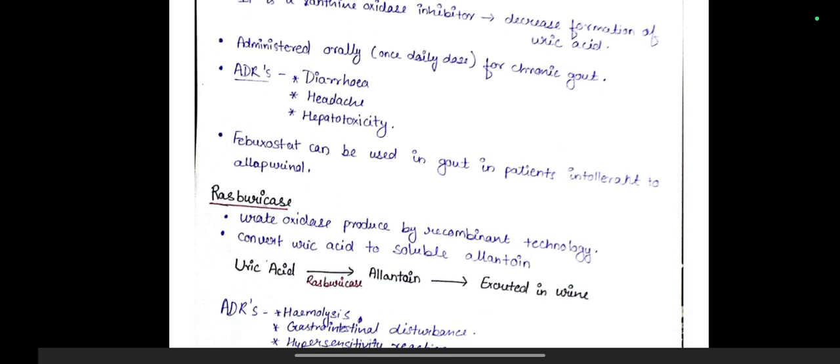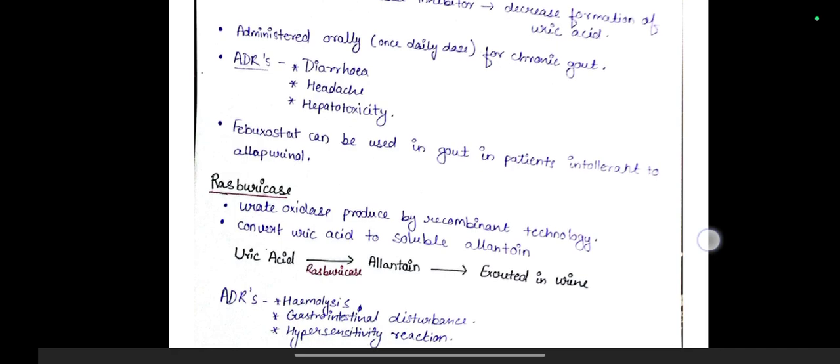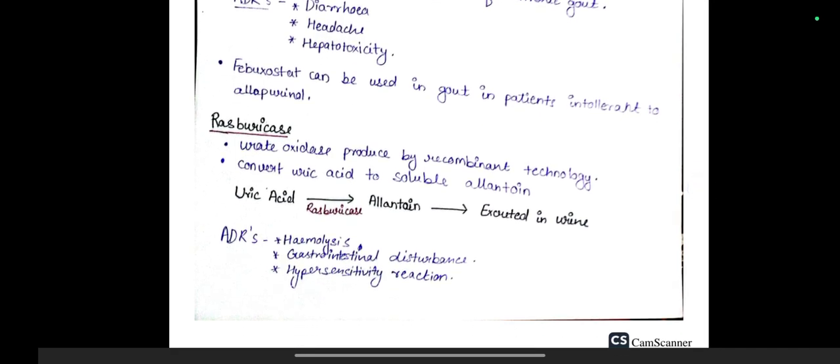Rasburicase is another drug which comes under uric acid synthesis inhibitors. It is urate oxidase produced by recombinant technology. Rasburicase converts uric acid to soluble allantoin. ADRs, meaning adverse drug reactions: hemolysis, gastrointestinal disturbance and hypersensitivity reactions.